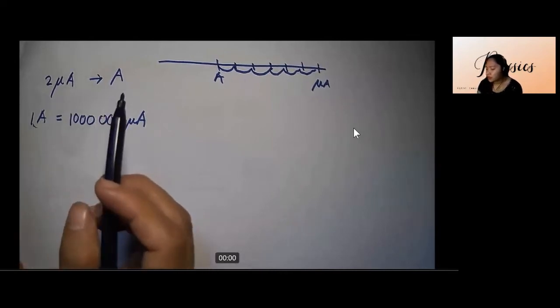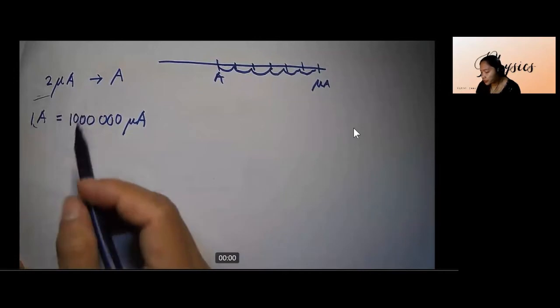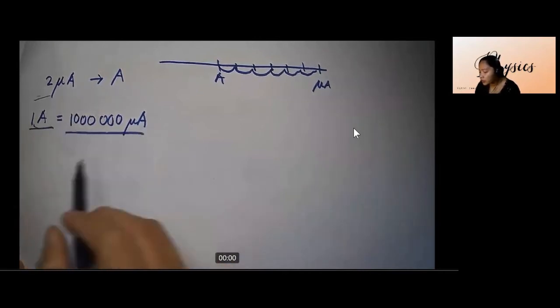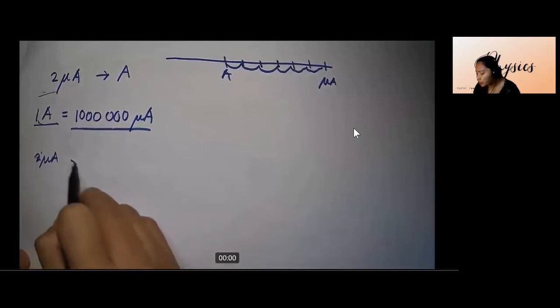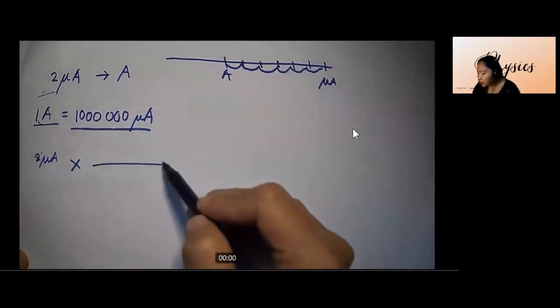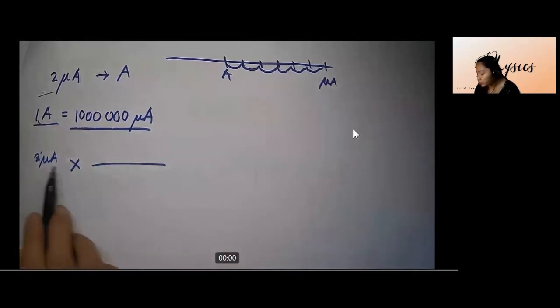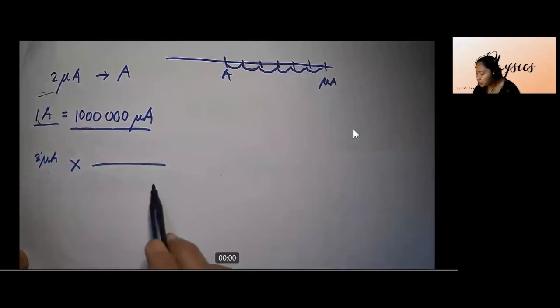Here, if we use the conversion factor, we can just write 2 microampere, and we multiply it with the conversion factor in fraction form. We have to make sure that the microampere unit is at the bottom.